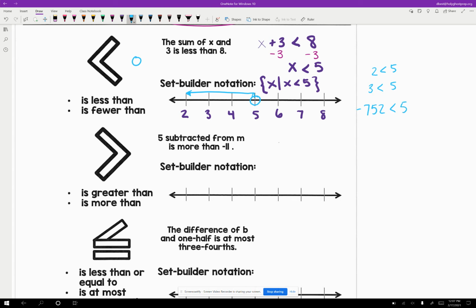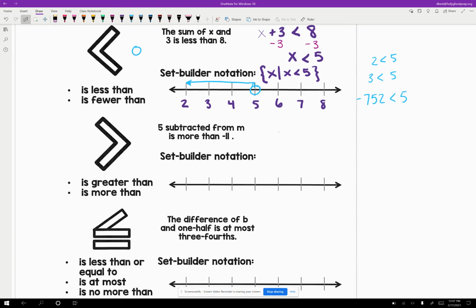My second one, 5 subtracted from m is more than negative 11. Again, we're going to translate it first. 5 subtracted from m, so that means m goes first. You take 5 away, and we're saying that value is more than negative 11. One step to solve, add 5. m is greater than negative 6. Our notation, we can do m such that m is greater than negative 6.